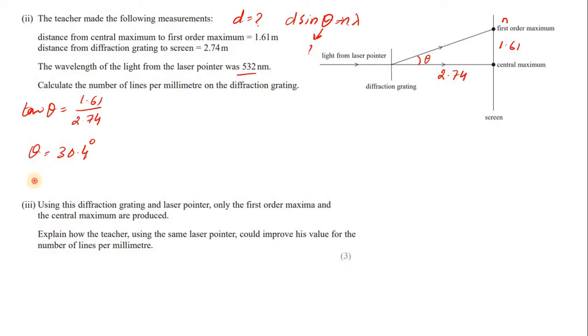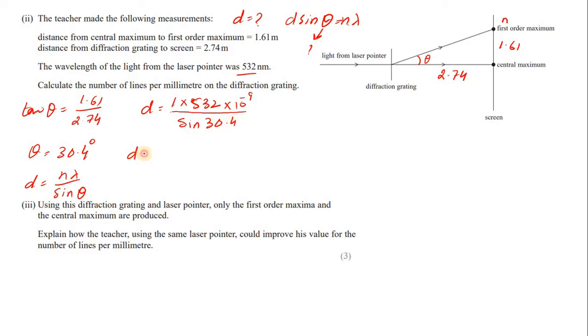Now we have theta. I can use d is equal to n lambda over sine theta. So d is equal to, n is 1, lambda is 532 nanometers divided by sine 30.4.